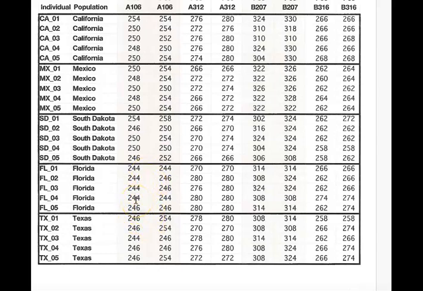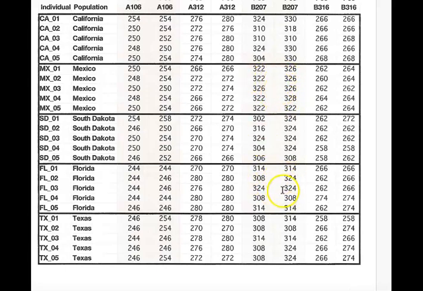The two that are the most different would be Florida and Mexico. So if you look at this line, you've got 250s and 248s. This is 244, 246. Over here for 312, you have 260s and low 270s. Here you have 270s and 280s. Up here in 207, this is all 320s.